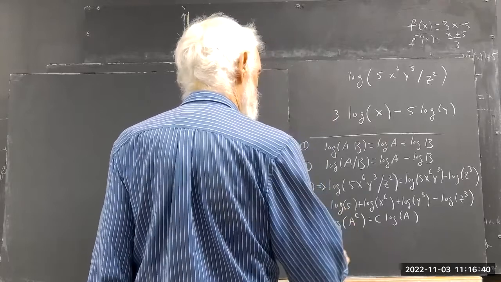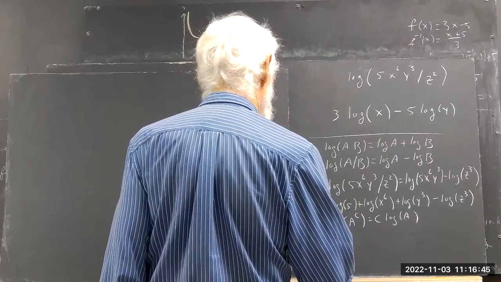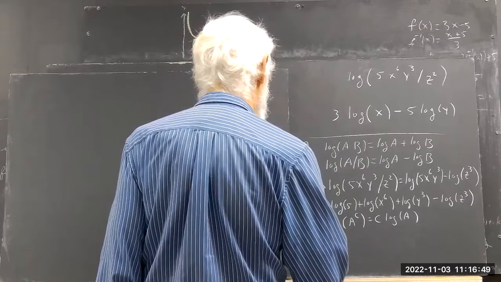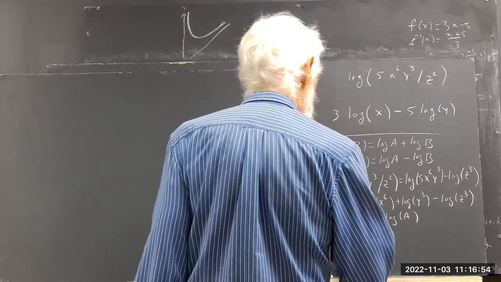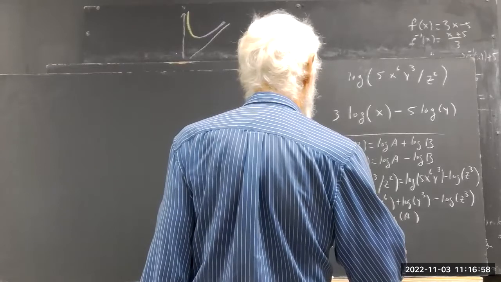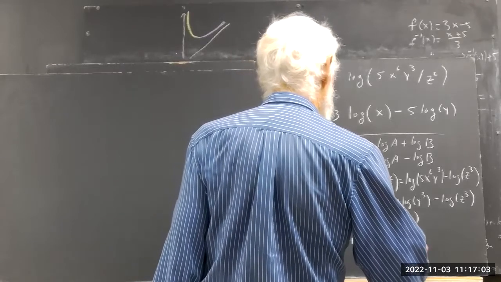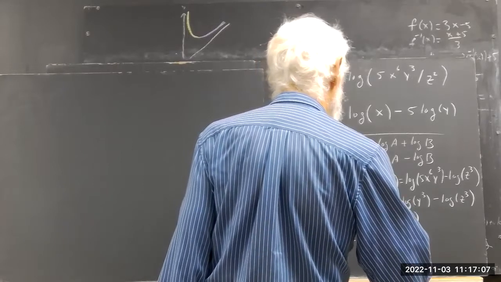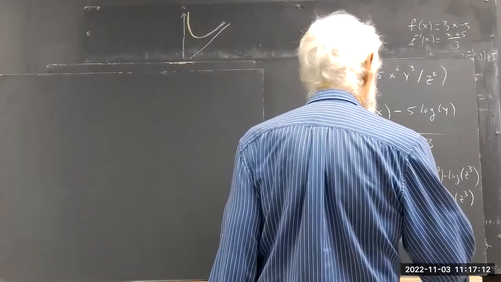Applying that up here, we still have the log of 5. Then we're going to have 6 times the log of x, plus 3 times the log of y, and then minus the log of z.